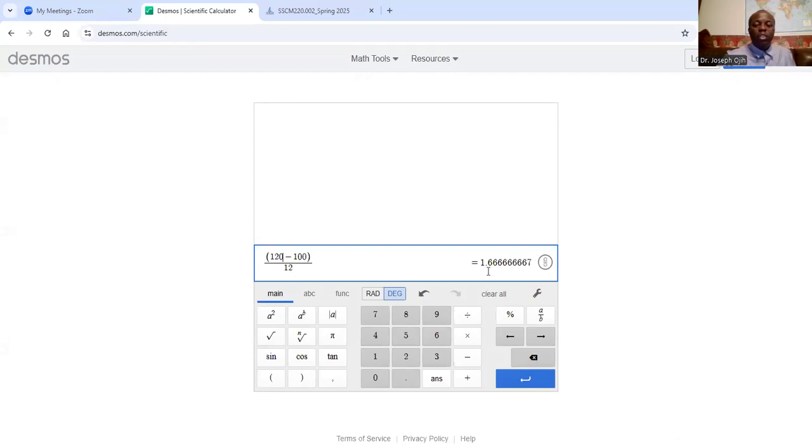It gives us 1.67 rounded. I'm going to write it here. Z2 is 1.67.